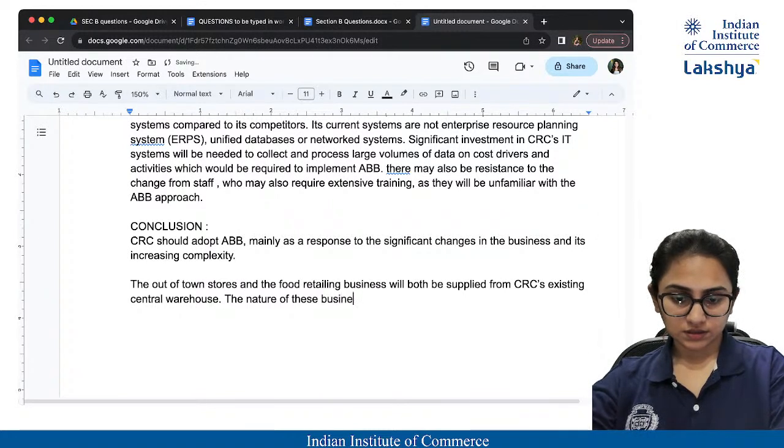The businesses may be different from the existing business.